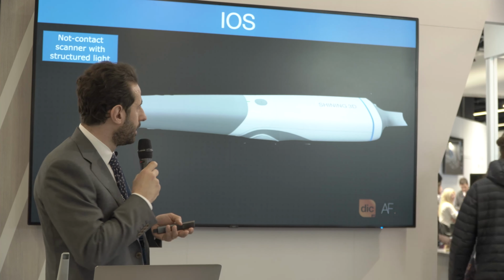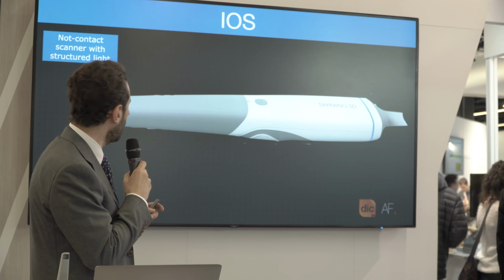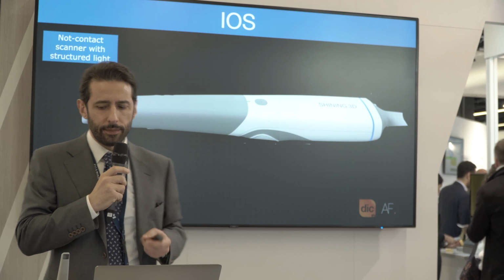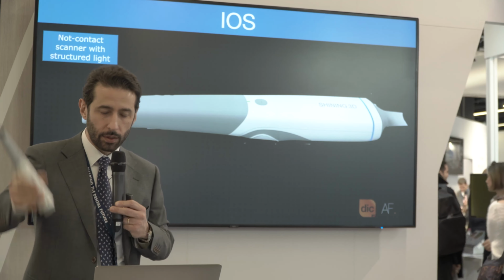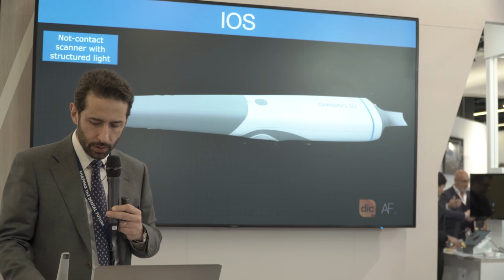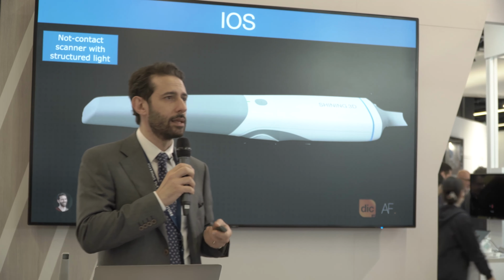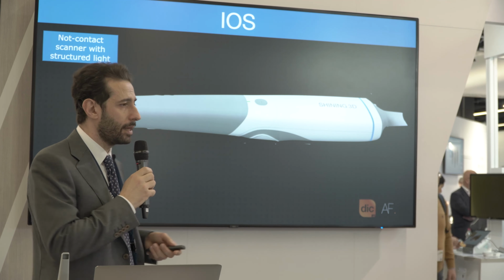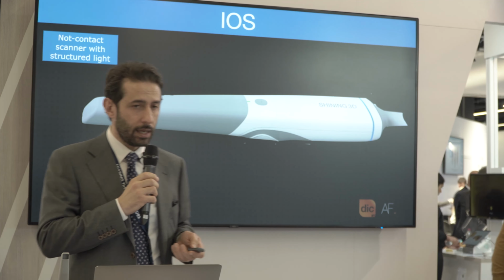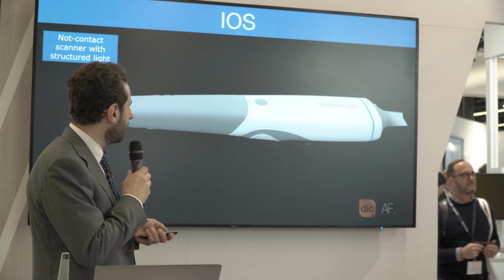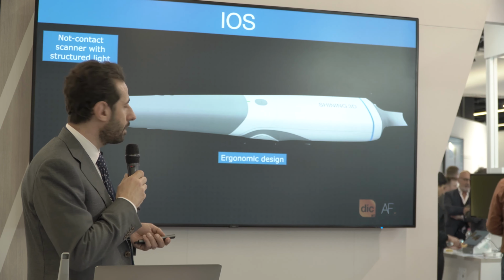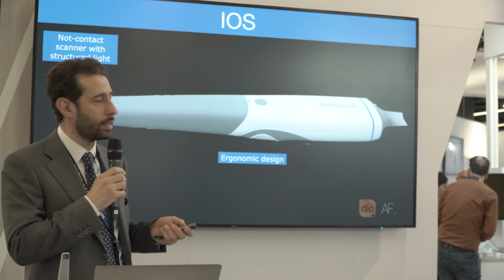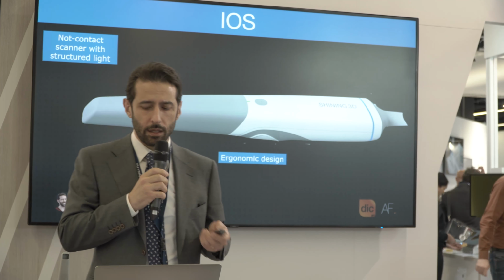About the scanner, this is the Scan 3 handpiece. Now we have the one without wires, which is of course better than the one I had till now. And the features are very similar. First of all, the ergonomic design. It's very easy to work with this handpiece in the mouth.